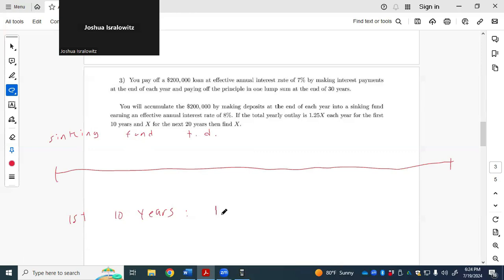We have 1.25x equals my interest payments, which are always going to be, remember, you only pay off interest. You never touch the principal. It's 200,000 times 0.07, plus your sinking fund.